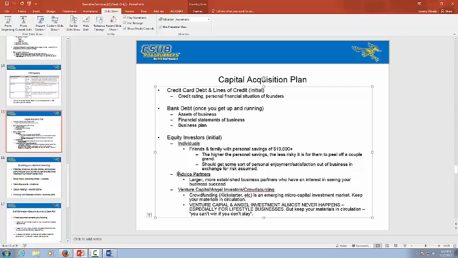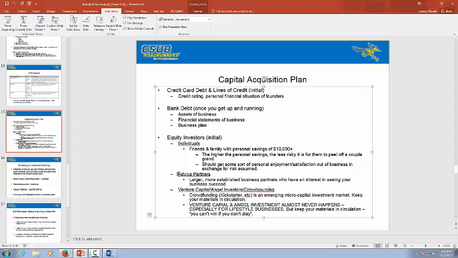Angel investors are individual people who have usually 6 figures or more worth of liquid savings, and they usually get together in small groups and invest in new businesses.